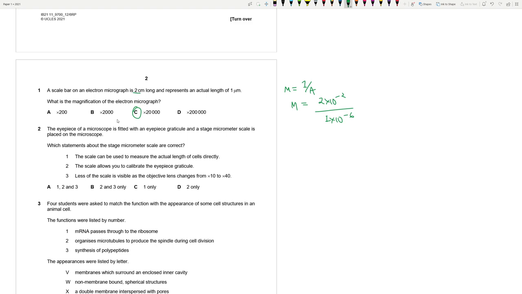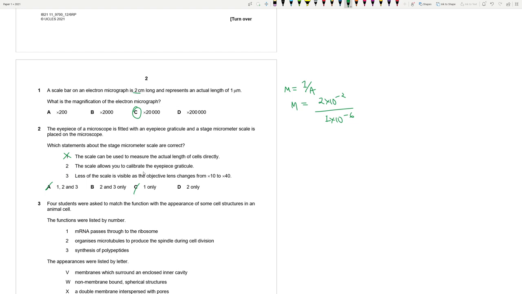It can't. You need both. You need the help of the eyepiece reticle as well as the stage micrometer to measure the actual length of the cells. So 1 is wrong, okay? This can't be right. So A and C are gone.